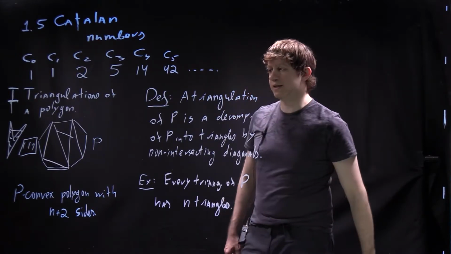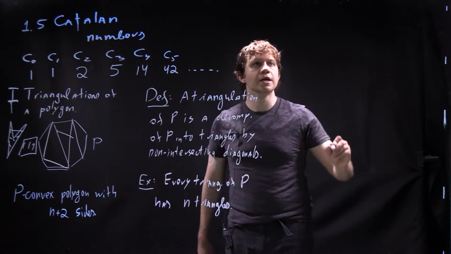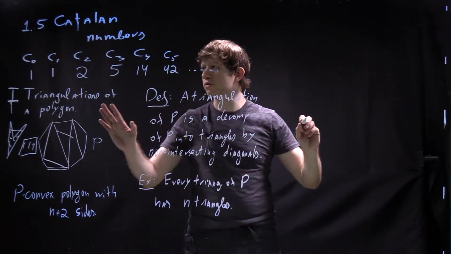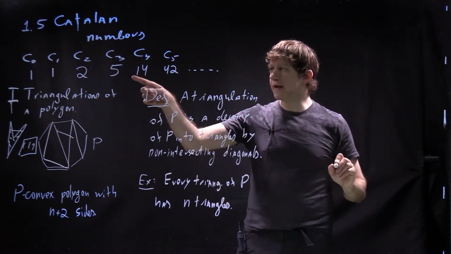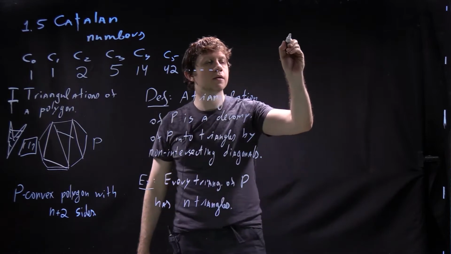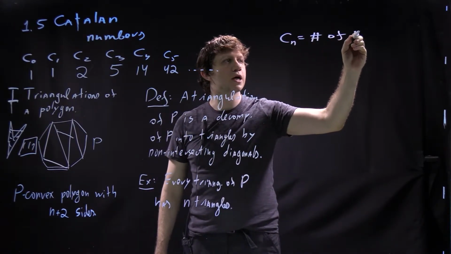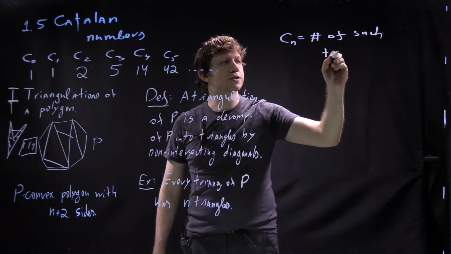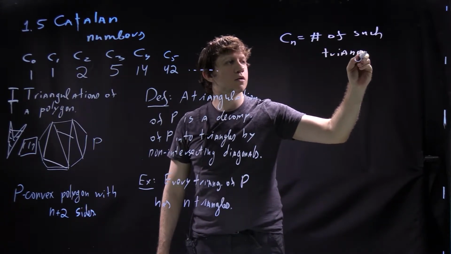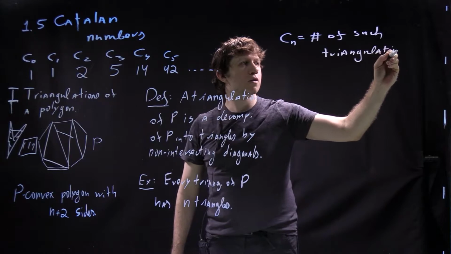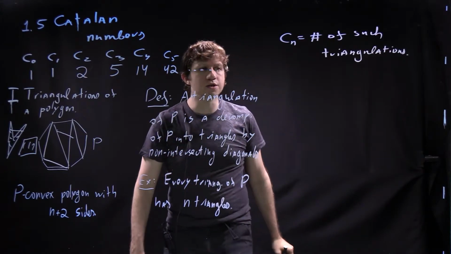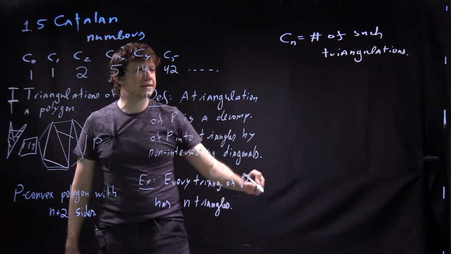So that's a little exercise. And then Cn is the number of such triangulations. Now it's easy to compute it for small n's.